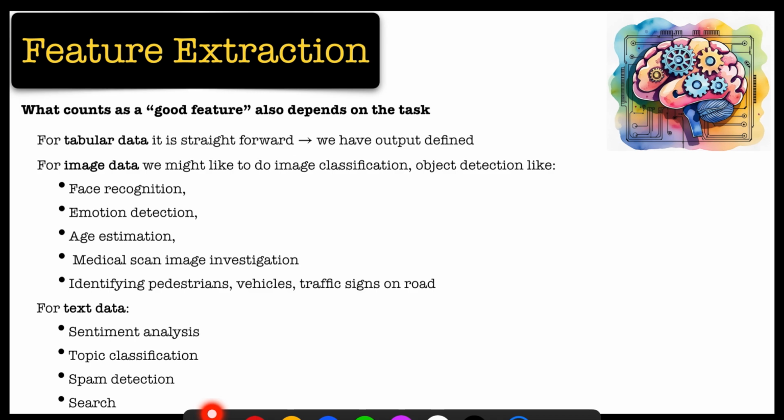It is a sports document, politics document, or something else. Spam detection, search. These are a few other tasks with text data. So of course, the features we extract will depend on the task we are performing.